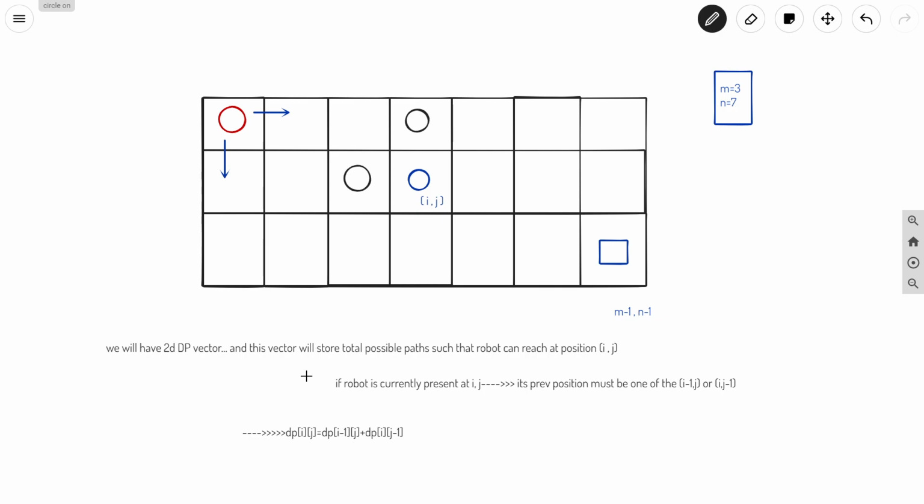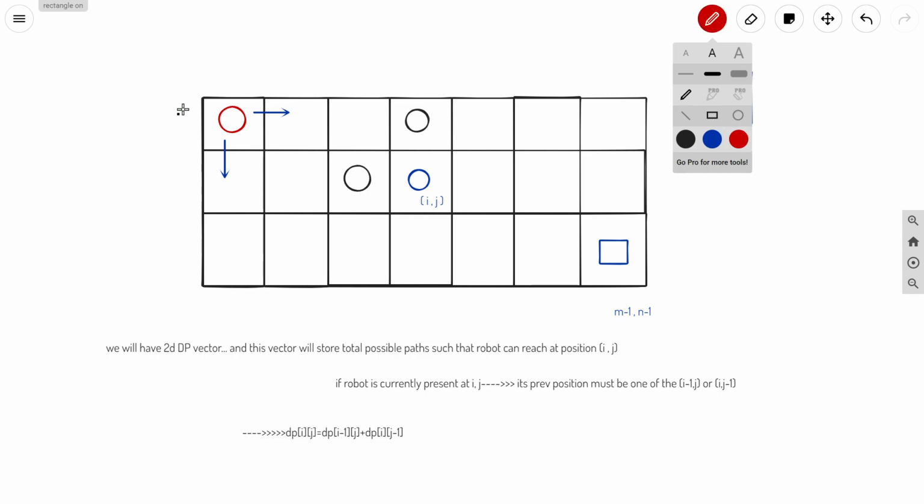Okay, so talking about the base cases, this is for all the cells where I is equal to 0 or j is equal to 0.